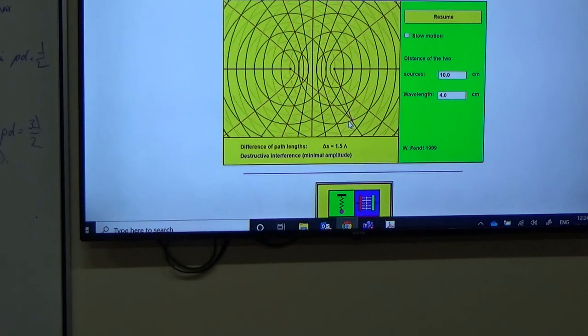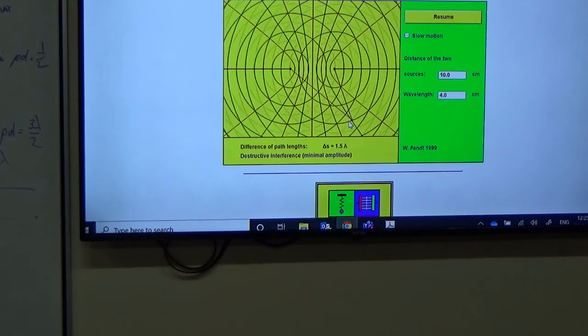Let's look at the geometry of the situation now. On the first nodal line I've got A, P, and B, P. Okay, I can put a line across there so that this bit is the same as this bit.